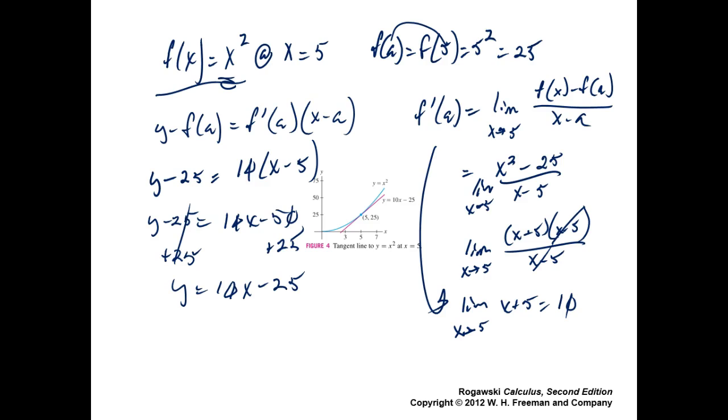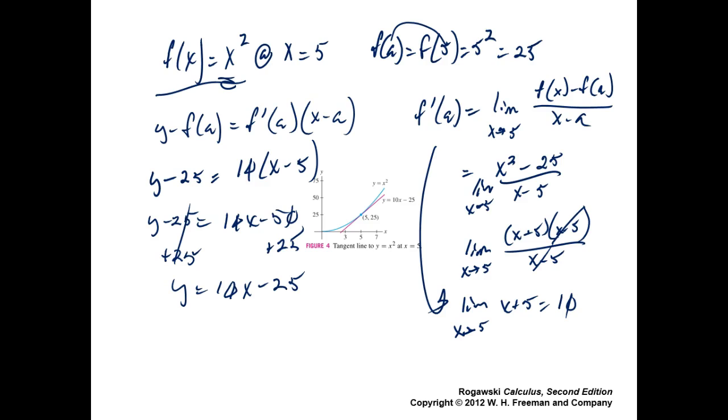It doesn't look like a plus 10 slope unless you realize that is 25 over 3. 25 over 2.5 would be right about there, and that would be 1 to 1. So yeah, that is a plus 10 slope. And so that is the slope of the tangent line. Y is equal to 10x minus 25.